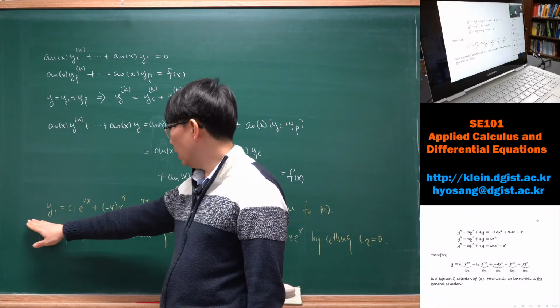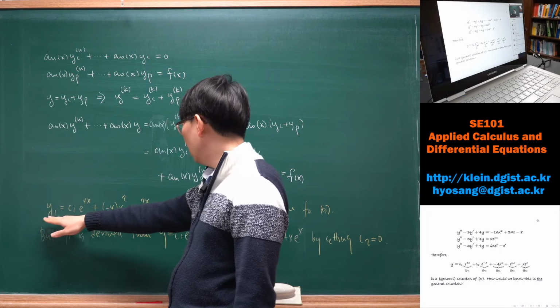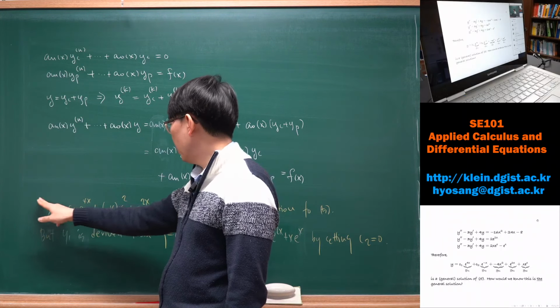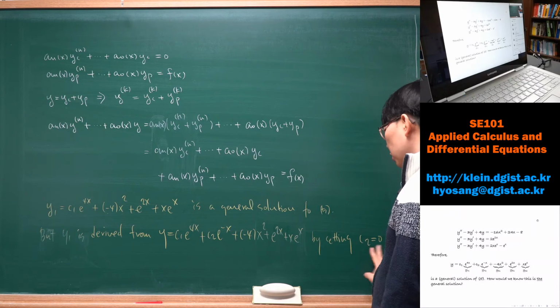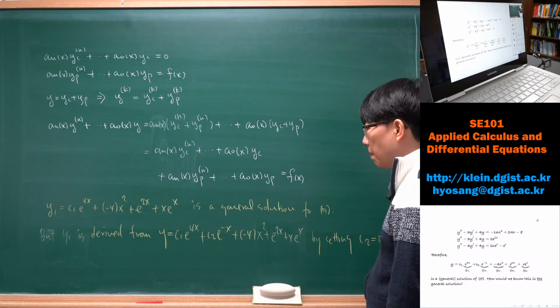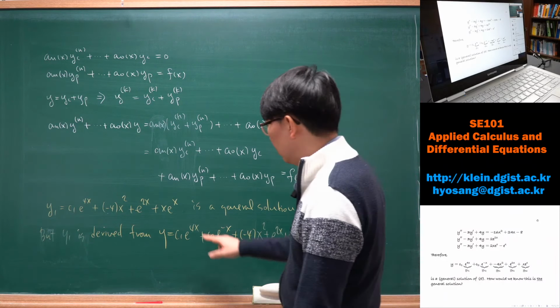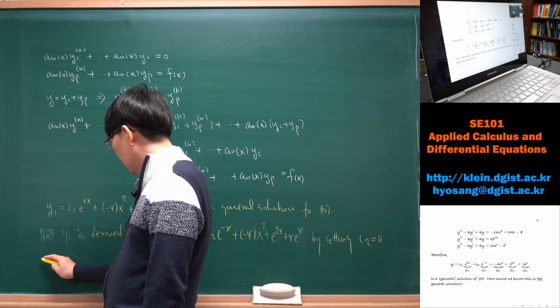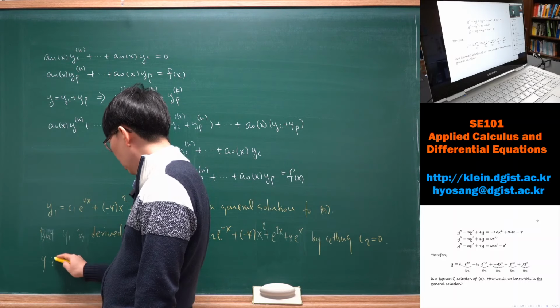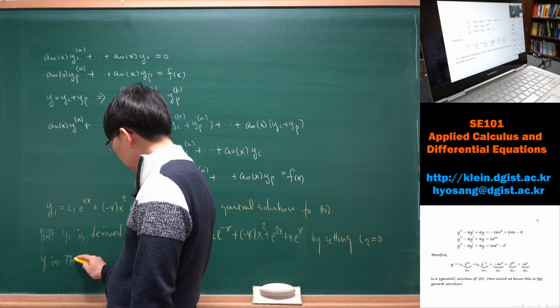There could be an initial condition where this function is not satisfied, because we already assume that c2 is 0 in the form of the solution. So this is called a general solution, and y is the general solution.